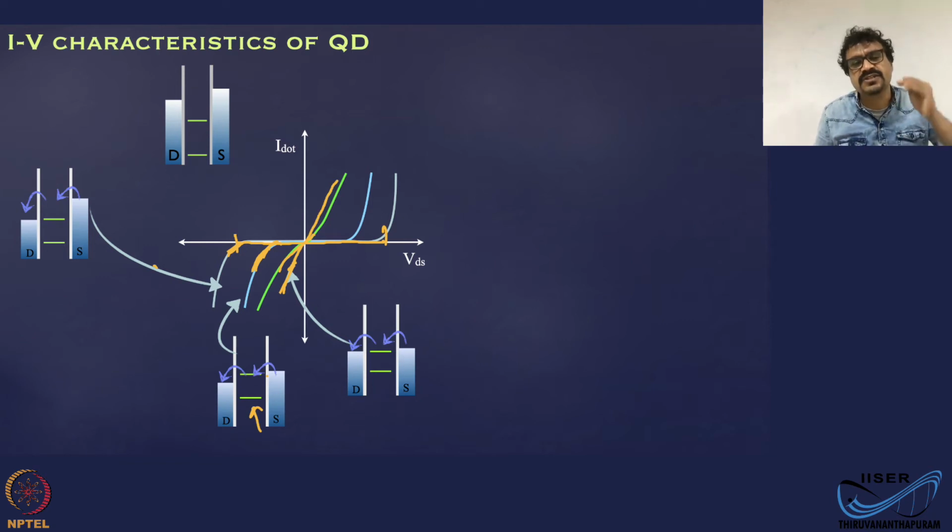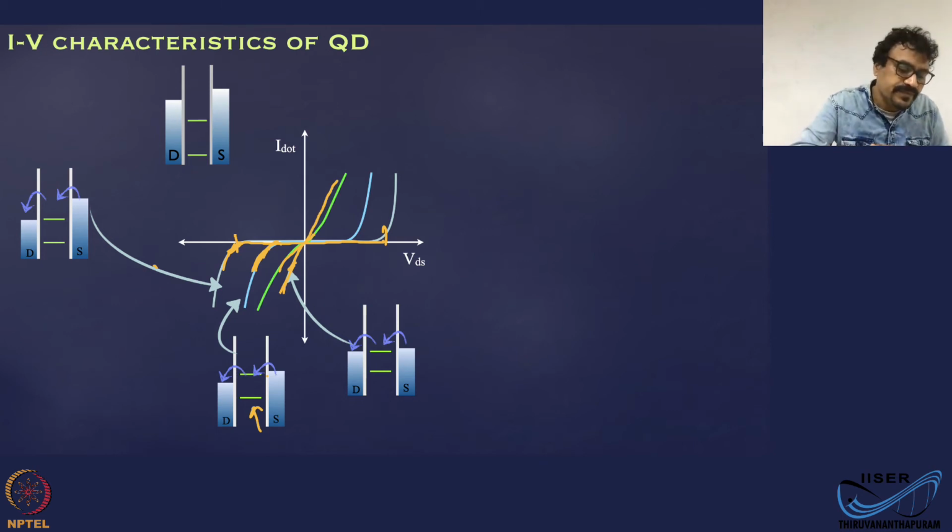It's an induced charge from the gate. There are two ways to do that. Okay. So when you apply a large source-drain bias, the current will turn on eventually. But if you push the levels into the window by a gate voltage, then you can turn on the device even at a much lower voltage. Okay.